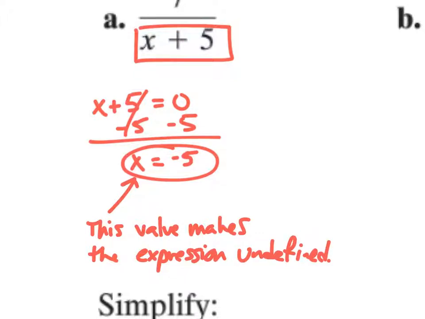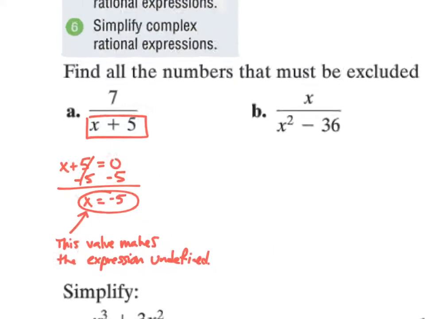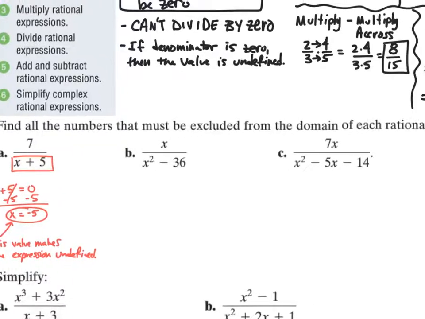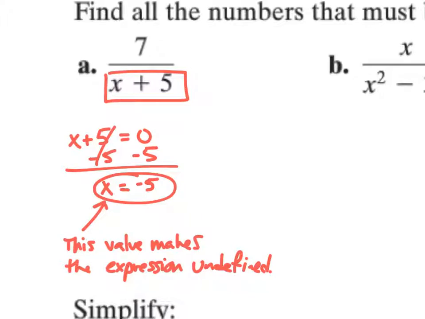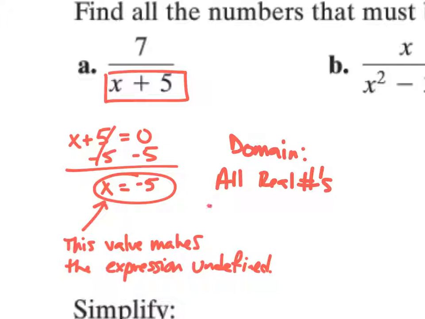And so what we have here, find all numbers that must be excluded from the domain of each rational expression. So my domain of this function, and domain is where you have x values, my domain would be all real numbers except x cannot equal -5.